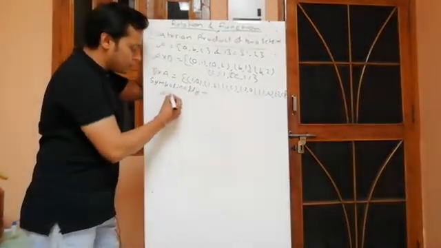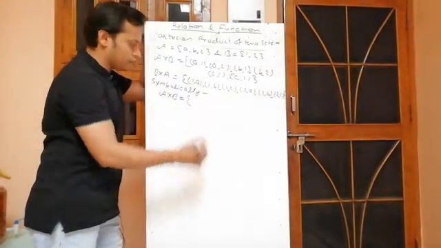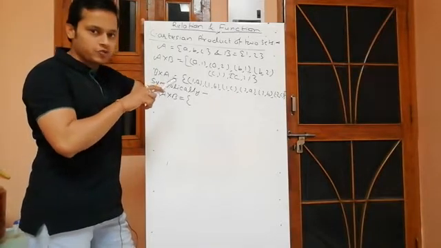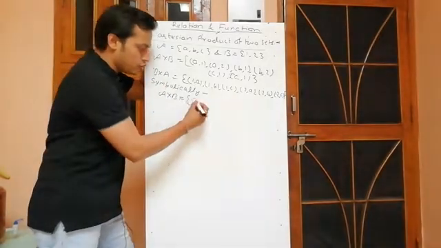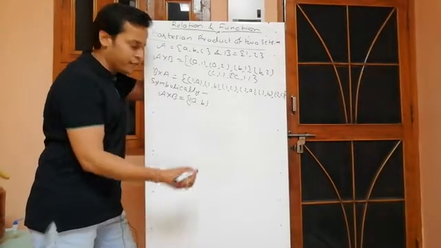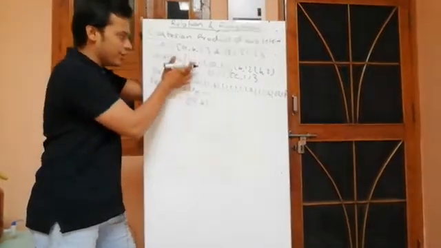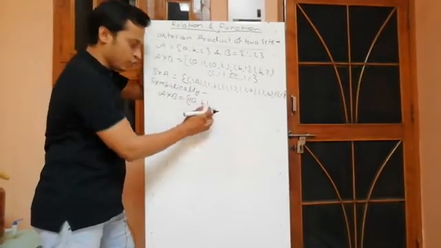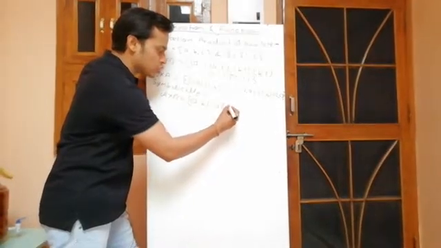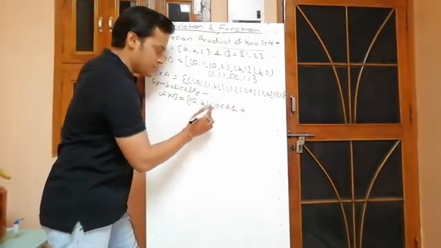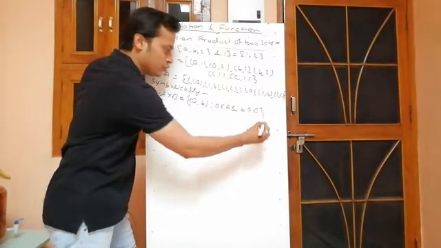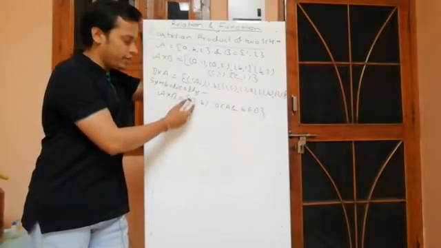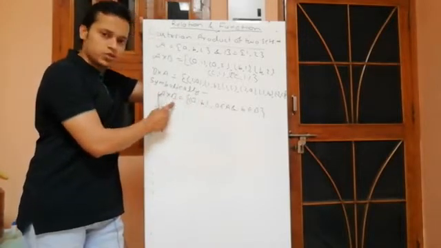Every element of A cross B is like (a, b), where the first element belongs to A and the second element belongs to B. So you can also write A cross B in this form: (a, b) is an element where a belongs to the first set and b belongs to the second set.